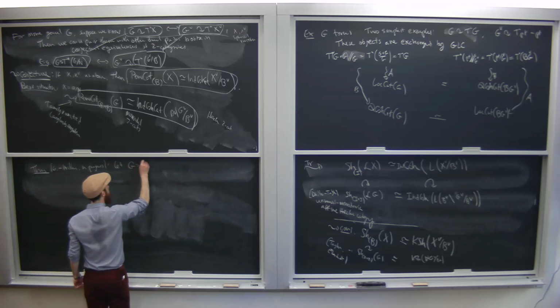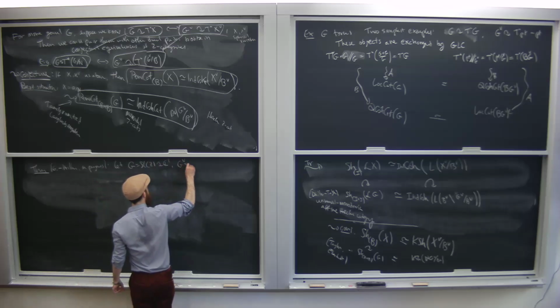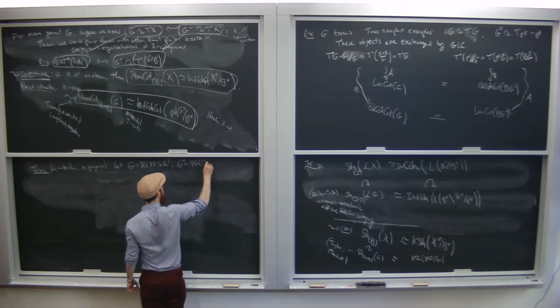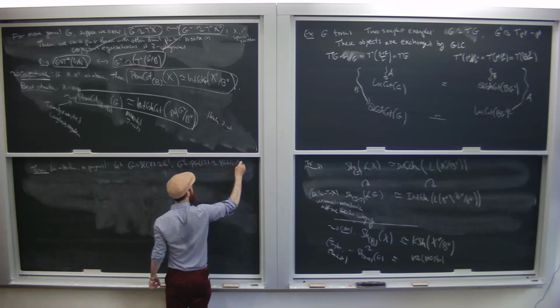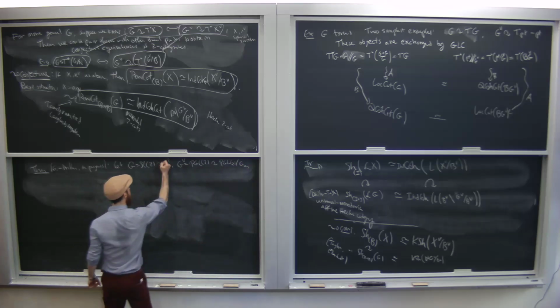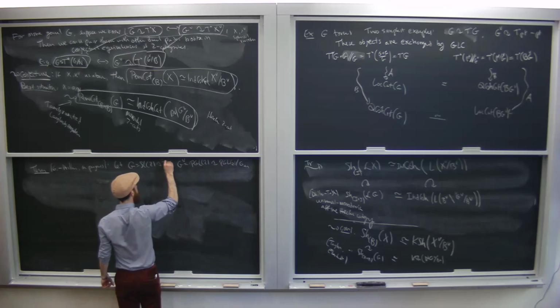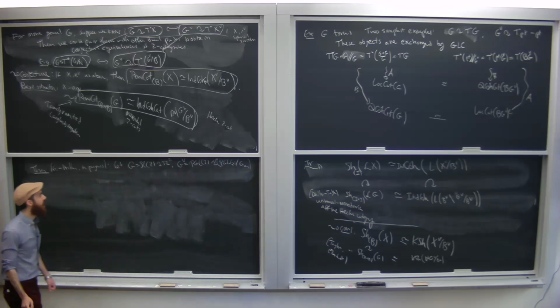So let G equal SL2 acting on C2 and G check equal PGL2 acting on PGL2 mod Gm. Sorry, it's the cotangent bundles of these things. SL2 acting on the cotangent bundle of C2, PGL2 acting on the cotangent bundle of PGL2 mod Gm.